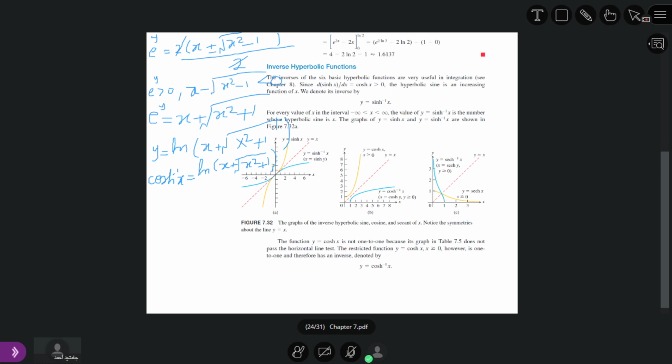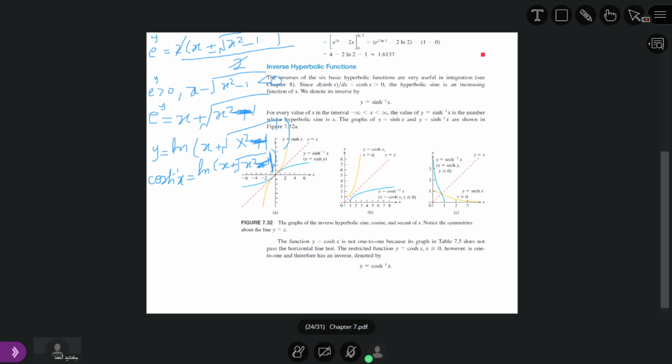So this is the proof of cosine hyperbolic inverse. Sorry, inside the square root we have x square minus 1, negative one, not plus.